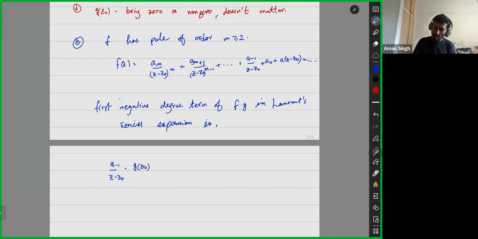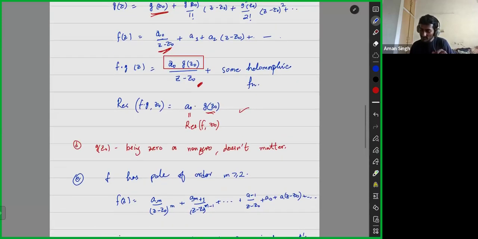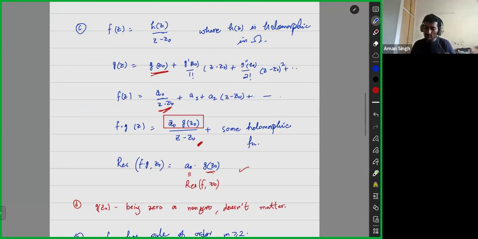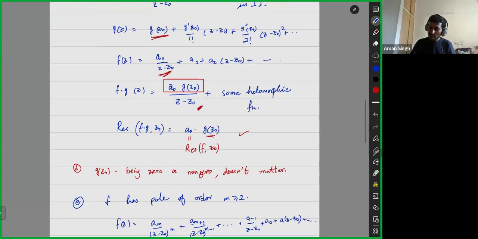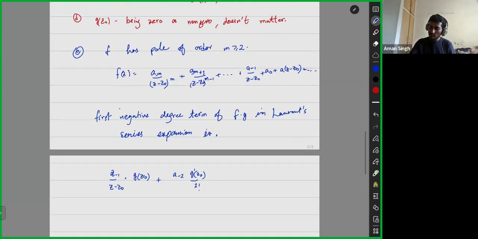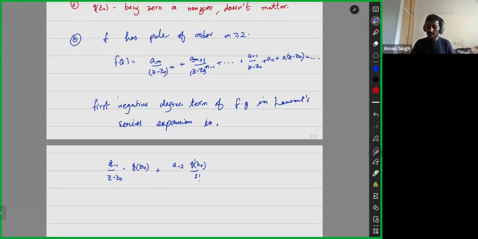Whatever the pronunciation is. Plus there will be more. What will be more? a minus 2 will be multiplied by g prime at z naught by 1 factorial. So when you multiply with that, a minus 2 is divided by z minus z naught to the power 2, and g prime at z naught has positive power 1, so one power remains downside.